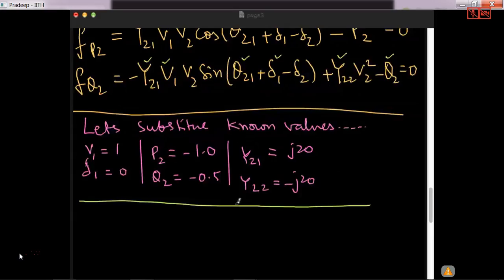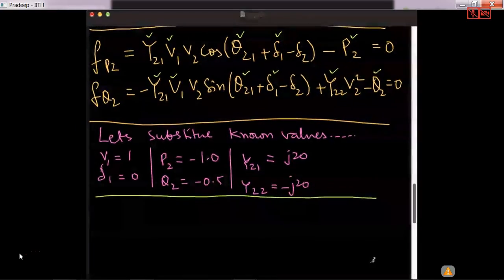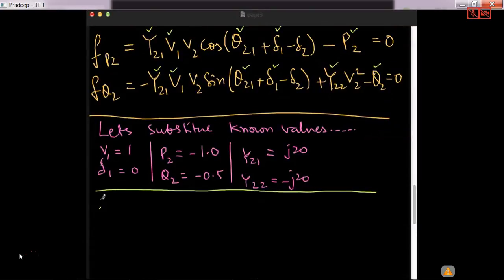Now simple substitution. Function P2 is equal to Y21, J20 into V1 itself is 1, so I will not write it, into V2 cos of, what is theta 21?